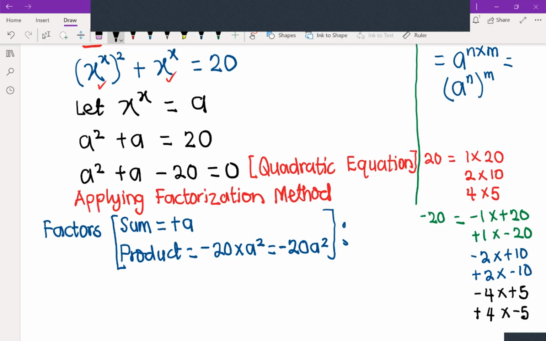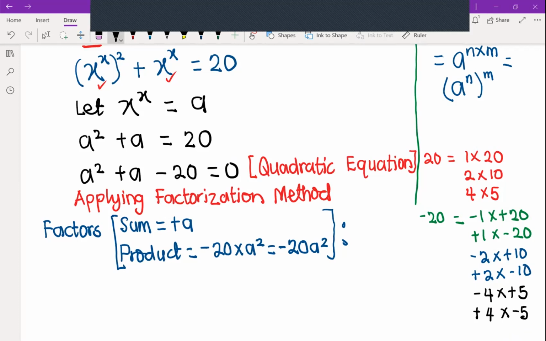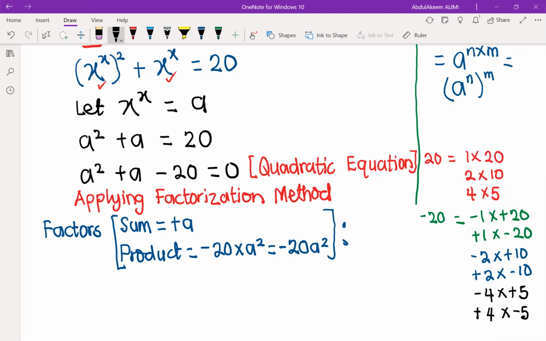So any one of these will give us minus 20. For which one will I be able to add together to give me plus 1, which is plus a? The only one that can give me that is minus 4 plus 5, because minus 4 plus 5 will give me plus 1.